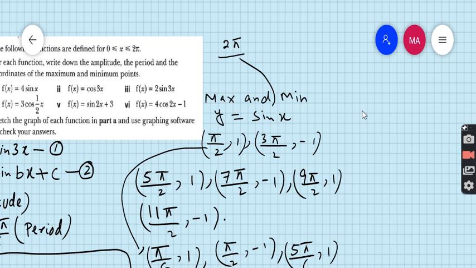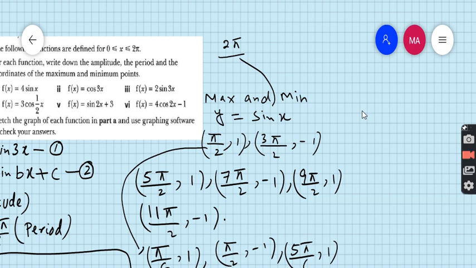But students, we have to take so many values of angles which will give us maximum and minimum values. So first is pi by 2. Some students again get confused about what value of the angle will give us the maximum or minimum value. Very simple for sin x.